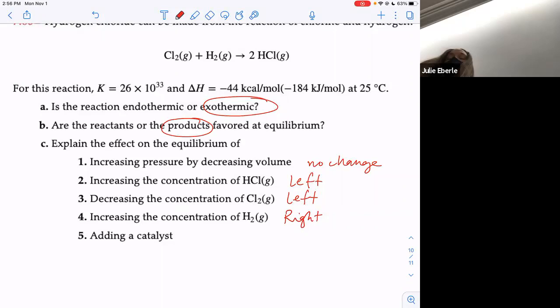But actually nothing at equilibrium is going to change one way or the other. A catalyst just helps us get to our destination equilibrium faster. But it doesn't take anything away from the reaction. It doesn't add anything to the reaction. It doesn't mess with temperature at all or pressure. So no change. Okay.